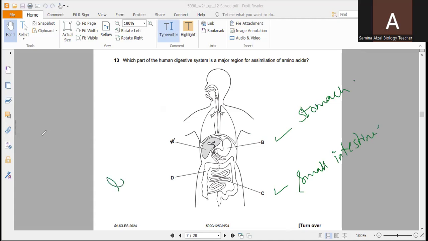And D is the large intestine. Absorption of water and salts takes place in the large intestine. And A is the liver, where the assimilation of amino acids takes place. So this is the correct option, A.